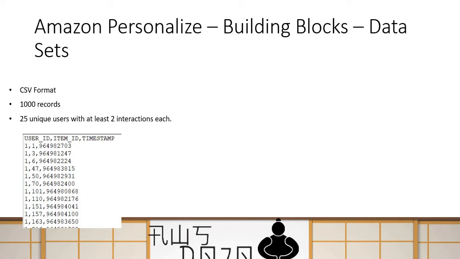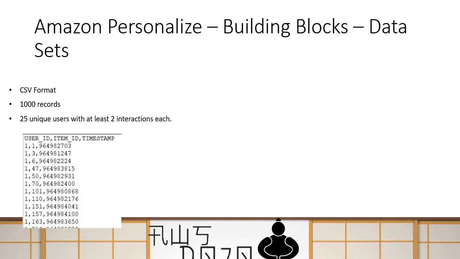It could be anything, right? So what exactly you're trying to say is that you have got a user for which you want to make recommendation, you have an item, which is the recommendation you want to make, and then a timestamp. And you can see this is how the data is in a CSV format. And then you can use this data to build your model.